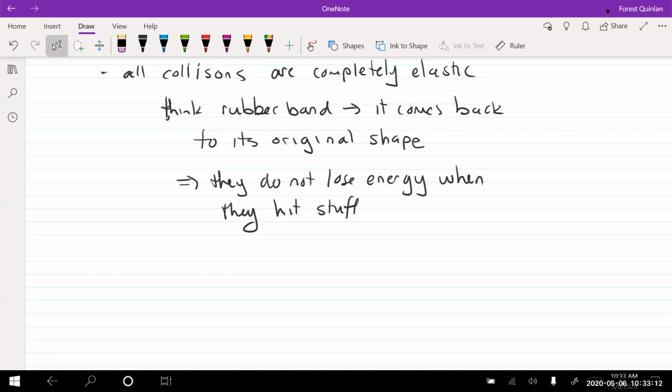Because remember, temperature is the average kinetic energy of the molecule. So if you're talking about the gases in your room right now, the air in your room, and they're constantly hitting the walls, your computer, your desk, your chair, the floor, you, if every time they hit something, they rebounded a little bit slower. Think about billiard balls on a pool table. Eventually they slow down and stop.